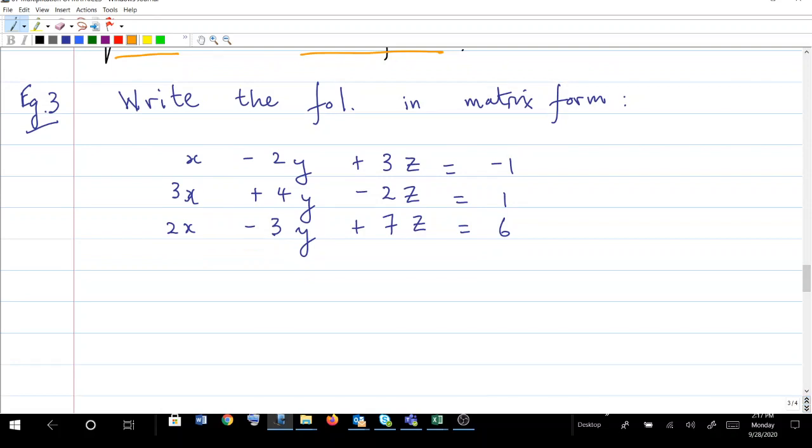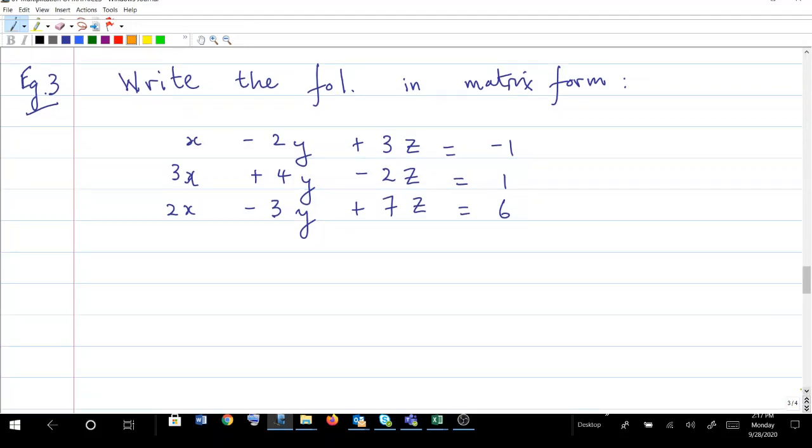Example 3, write the following in matrix form.